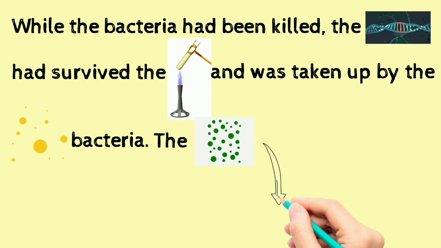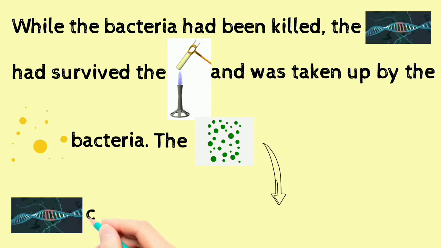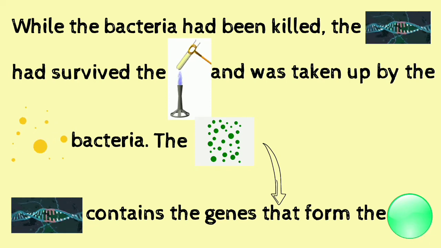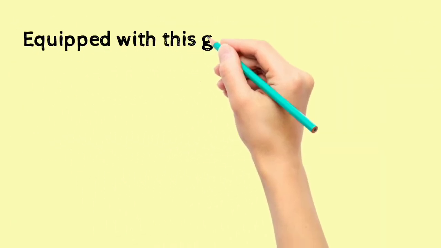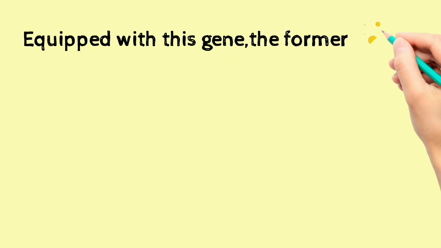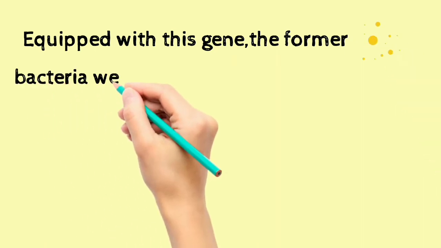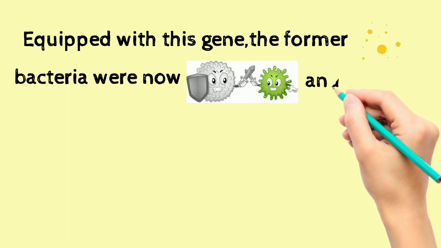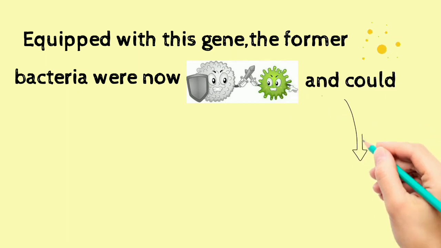The type 3S strain DNA contains the genes that form the protective polysaccharide capsule. Equipped with this gene, the former type 2R strain bacteria were now protected from the host immune system and could kill the host.